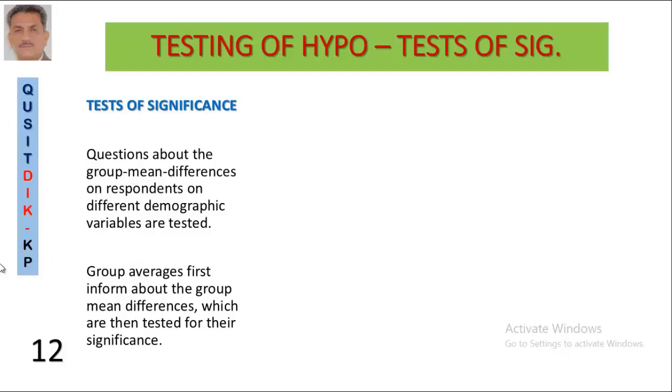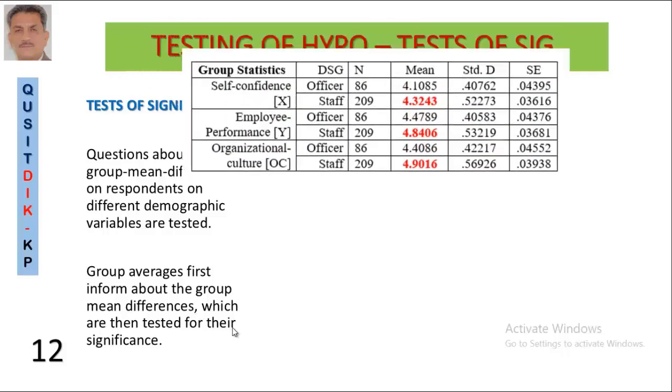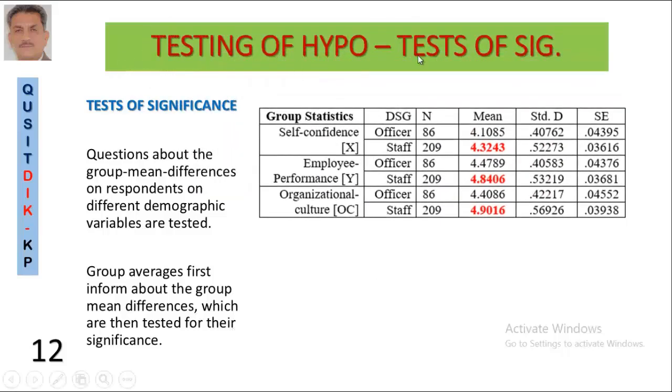When we run the test, we first get the descriptive table which gives us group statistics, and from there we can develop our hypothesis by looking at the results. So here the hypothesis will be that the staff is scoring higher than the officers.